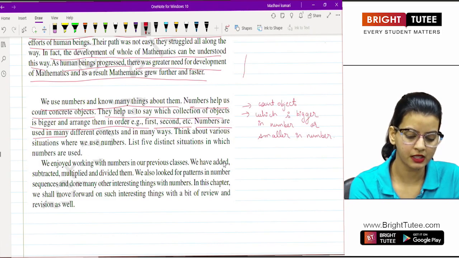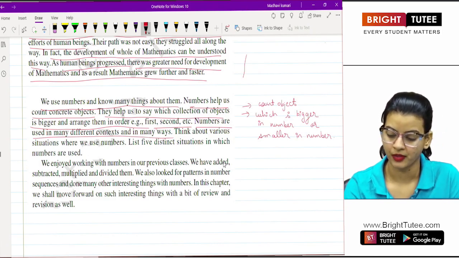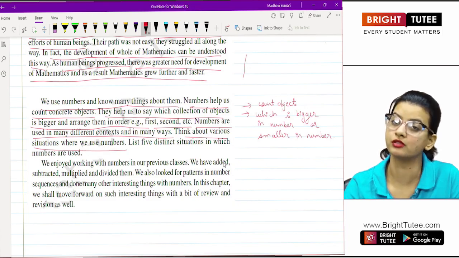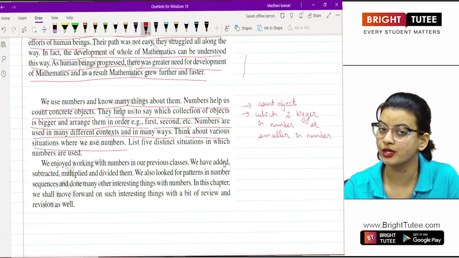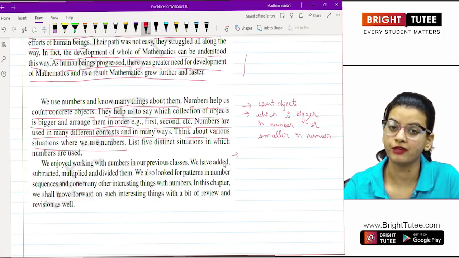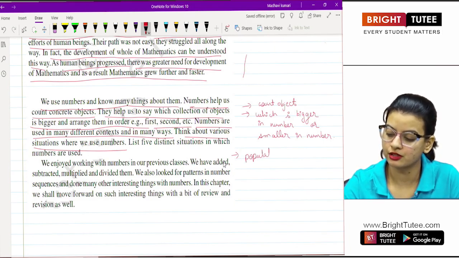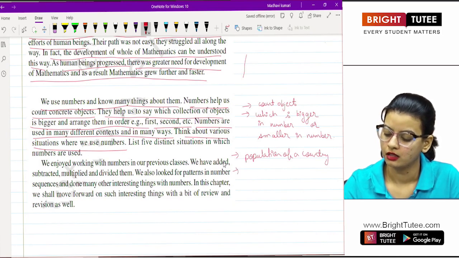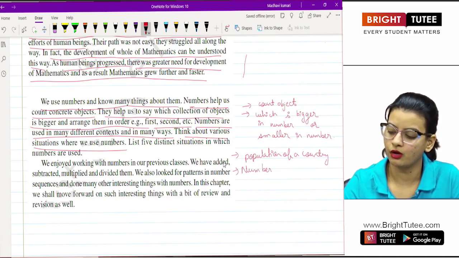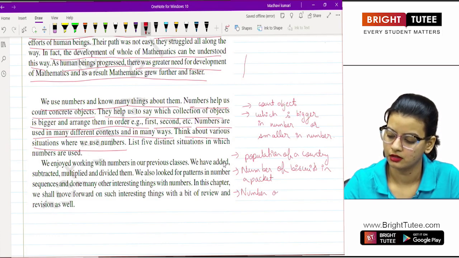Now, numbers are used in many different contexts and in many ways. Think about various situations where we use numbers, like the population of a country, the number of biscuits in a packet, or the number of students in my class.